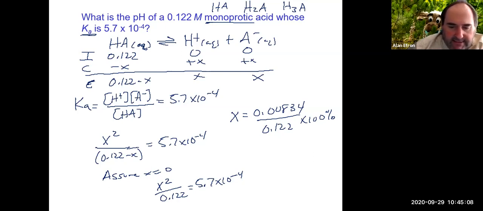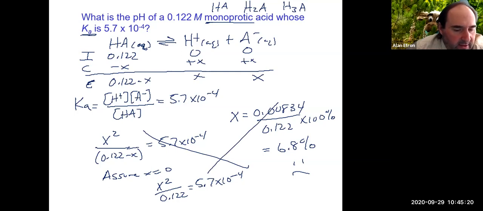We get something like 6.8%, which makes us very sad because this is not a good assumption in this case. So we cannot do that. We need to go back and solve it another way, probably using the quadratic formula.